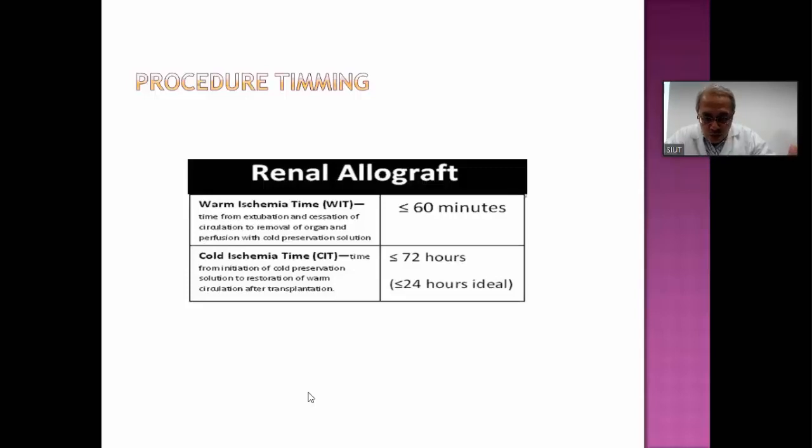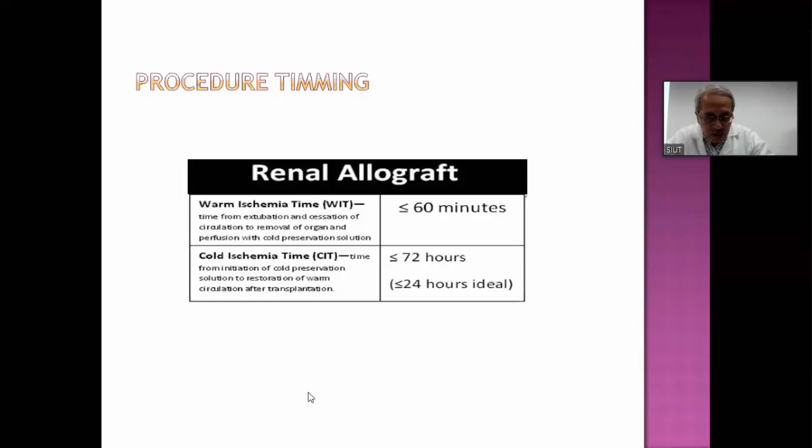So the shorter the time, the greater the probability of the kidney producing urine when you open up the clamps and blood flow is restored. You will see all these things and their effects, and it is very interesting.